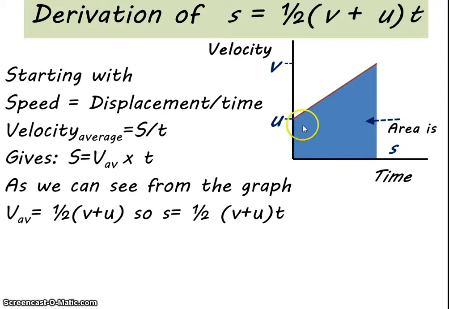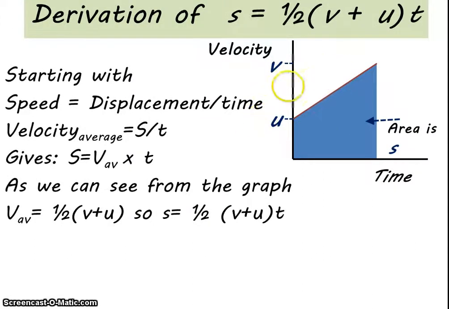The next equation comes from the same graph, and it's displacement. Because speed or velocity times time gives you displacement, you can take that basic idea and apply it to a velocity time graph, and when you do that, you find that the area under the line is the displacement.